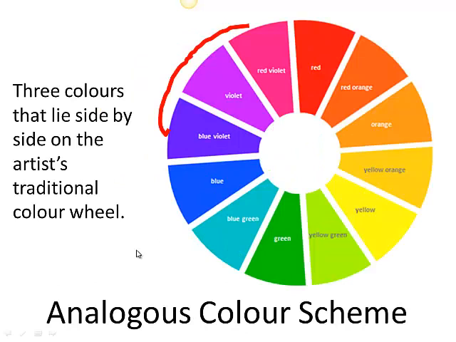If we're looking at harmonious color schemes, the very first one we're going to deal with is the analogous color scheme. That refers to three colors that lie side by side on the traditional color wheel. In this case, it's red-violet, violet, and blue-violet.